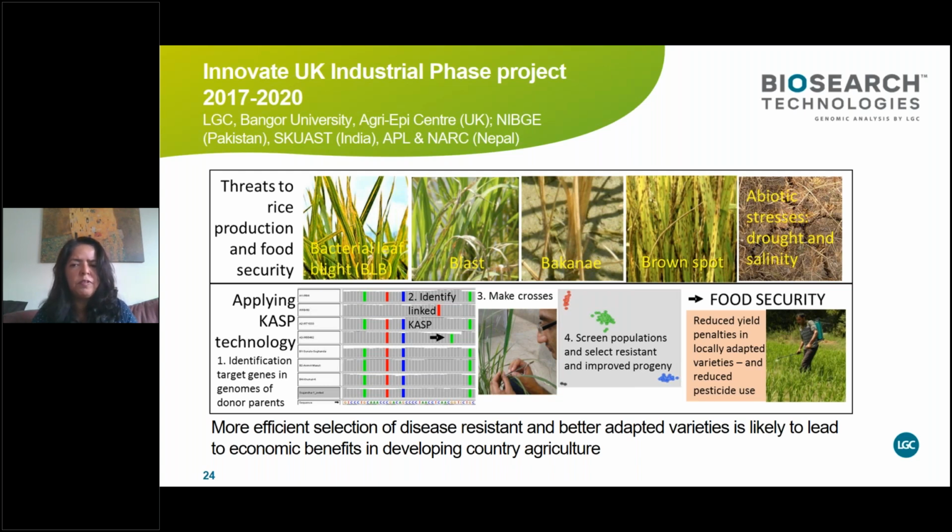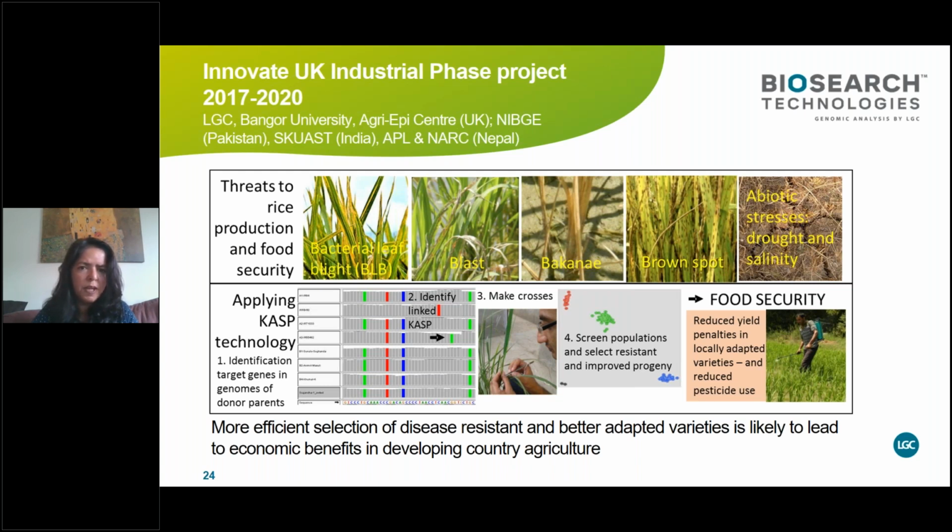And we aim to improve the efficiency of the selection process and adaptation for these stresses and reduce the yield penalties through the selection using KASP. This will also reduce the pesticide usage and increase the local economic benefits for smallholder farmers.